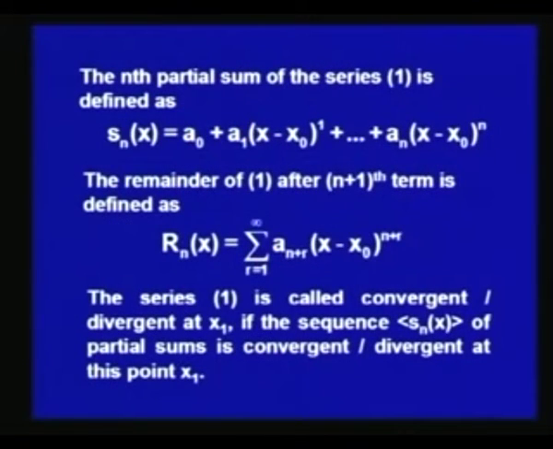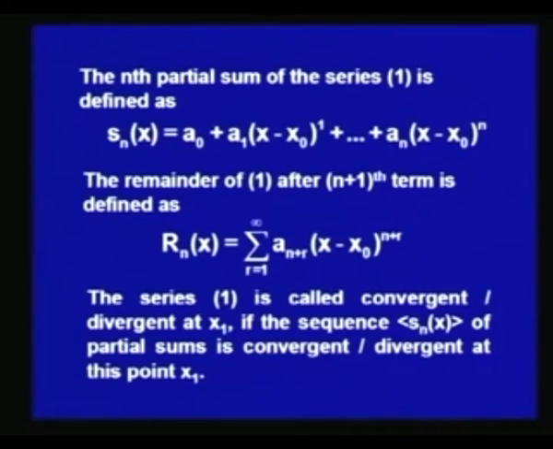The nth partial sum of the power series given by equation 1 is defined as S_n(x) equal to a naught plus a1 (x minus x naught) to the power 1 plus and so on, a_n (x minus x naught) to the power n. The remainder of the power series given by equation 1 after the n plus 1th term is defined as R_n(x), which is equal to sigma r equal to 1 to infinity a_(n plus r) (x minus x naught) to the power n plus r.